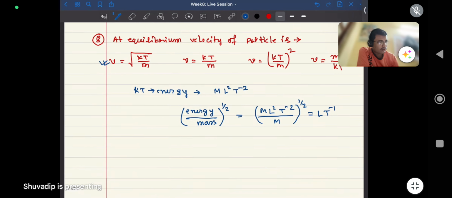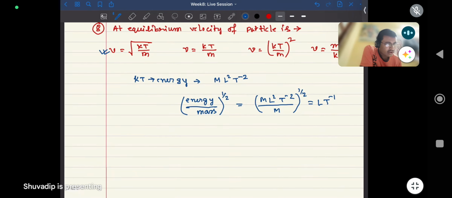But why does this happen? What is the connection with equilibrium? At equilibrium, the equipartition of energy holds. So half m v square will be half kT, and v will be root over kT by m.